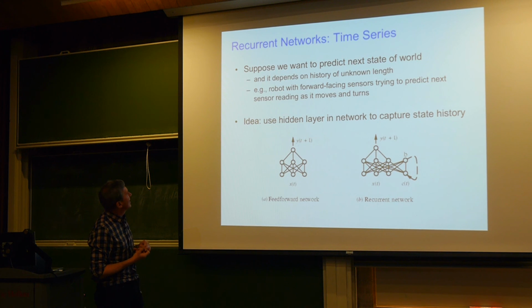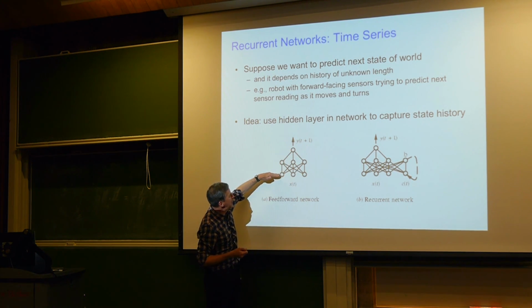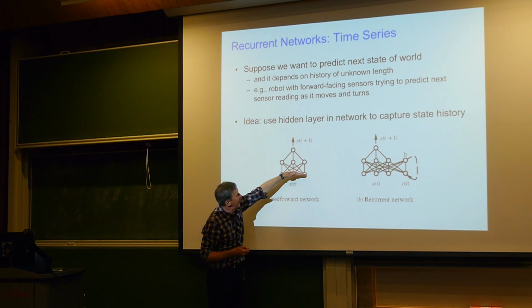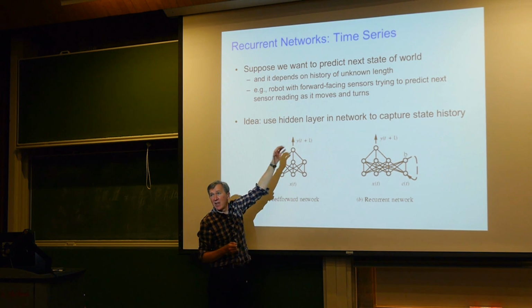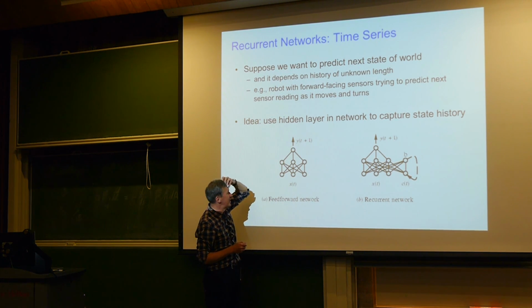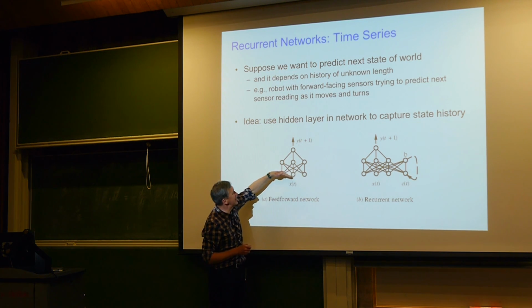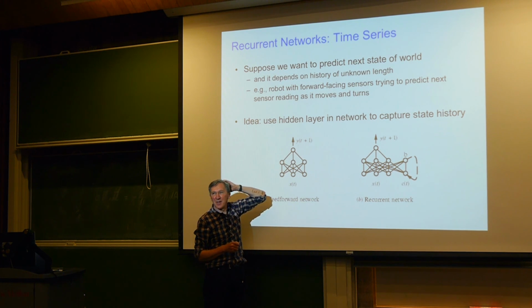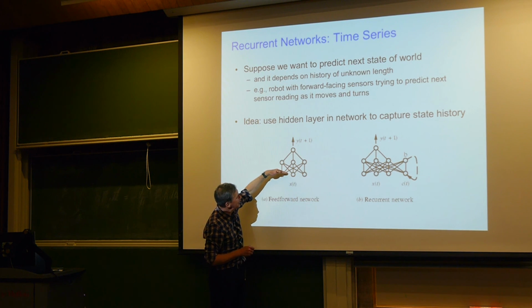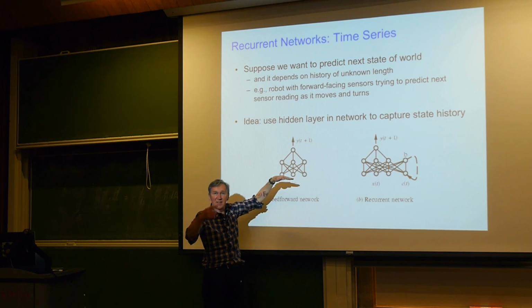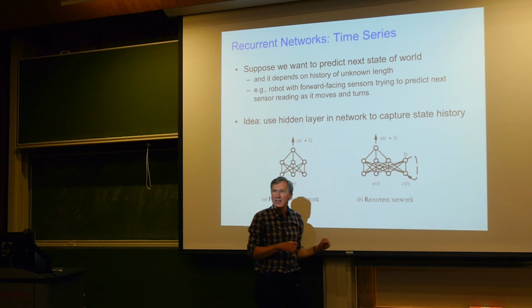And here's the idea. Here's a typical neural network. I could input the input value at time t and try to predict something at time t plus 1. But if this is just an encoding, say, of the current word in the sentence, and I'm trying to predict the next word as my output, and I want to actually use the history of words in my sentence, then people use a recurrent network that has this structure.